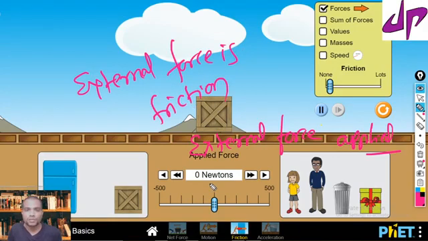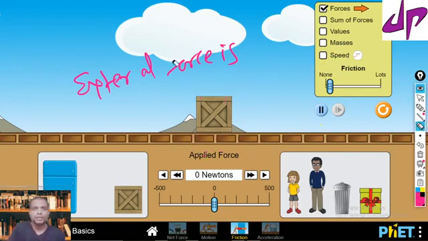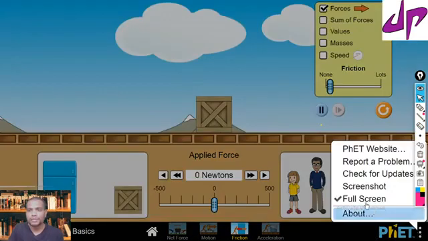Here my external force is friction. Now the forces are unbalanced, and the box comes to rest. So this is the law given by Newton. That's why this is also known as Newton's first law of motion, or it has another term, which is known as the law of inertia.